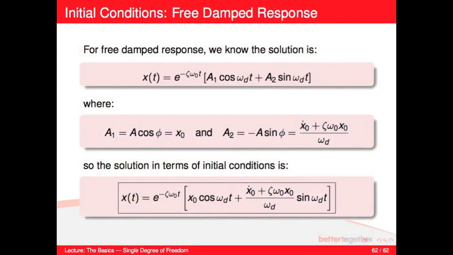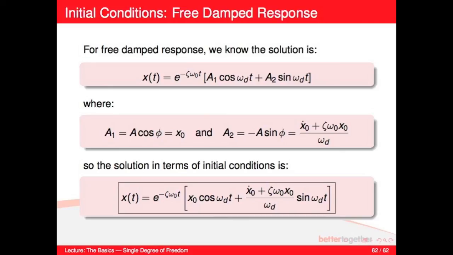That solution is shown at the top of this slide. So we have a1 equals x naught and a2 equals x dot naught plus zeta omega naught x naught over omega d. We can then insert these terms for a1 and a2 into that general solution, and we get the solution in terms of the initial conditions.